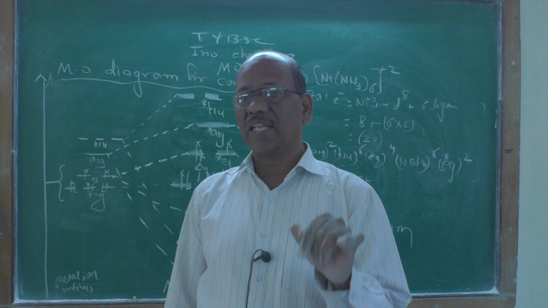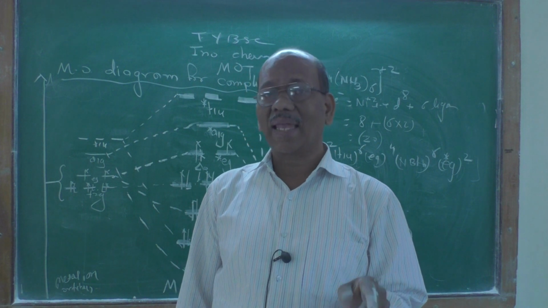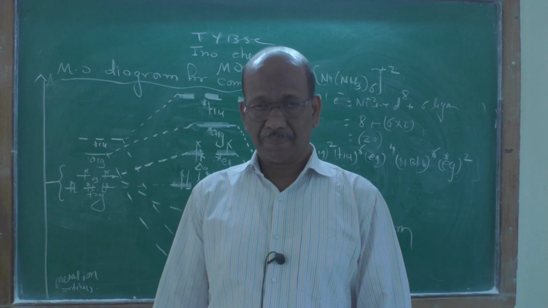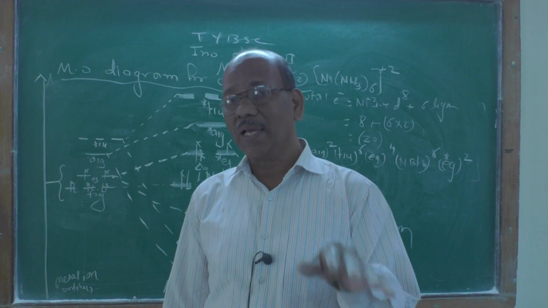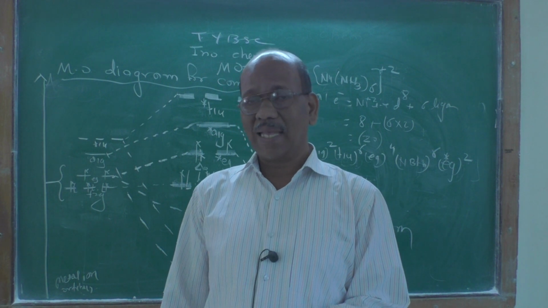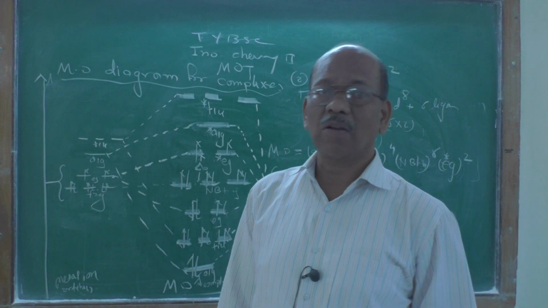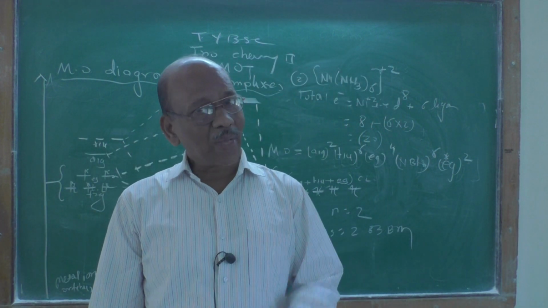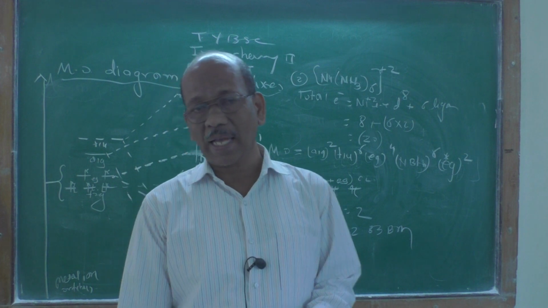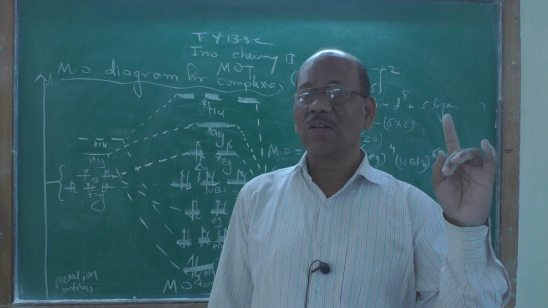It is decided by the spectrochemical series. Cyanide is a strong ligand and fluoride is a weak ligand. As cyanide is a strong ligand, it always forms low spin complexes. Fluoride is a weak ligand, therefore it always forms high spin complexes.